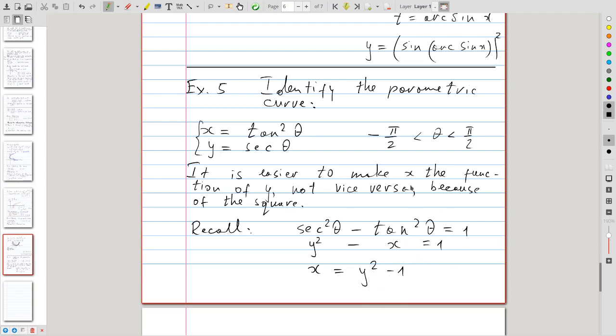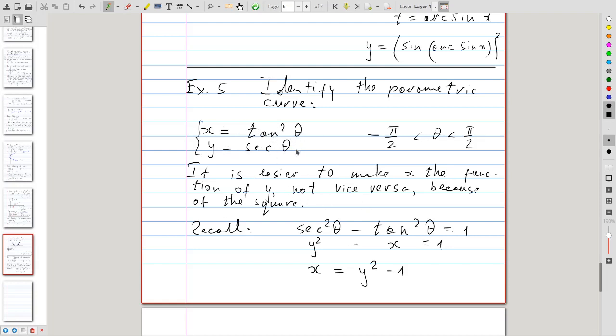And so again, in place of expressing theta through x and then substituting that into the equation for y or vice versa, what we could do is express theta through y and then plug that into the equation for x. Now we didn't do that because that would be rather tedious.